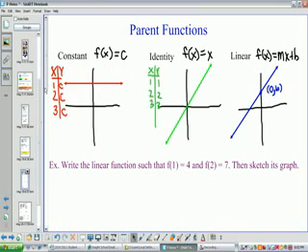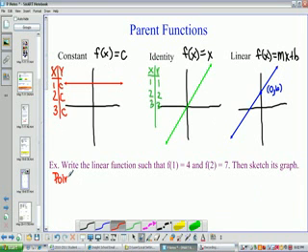The first thing that we're going to do is write the equation for the linear function. We will be using point slope form. And that is crossing through a point, it's y minus the y coordinate equal to the slope times x minus the x coordinate.